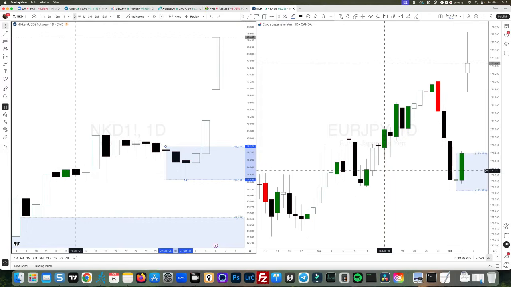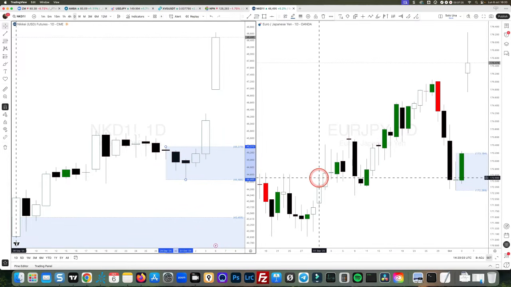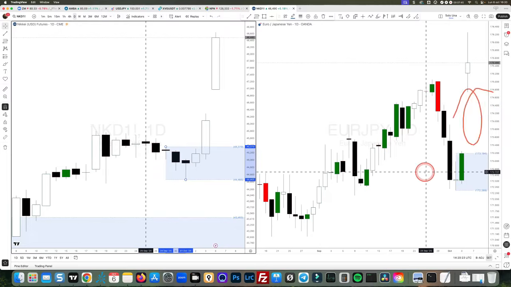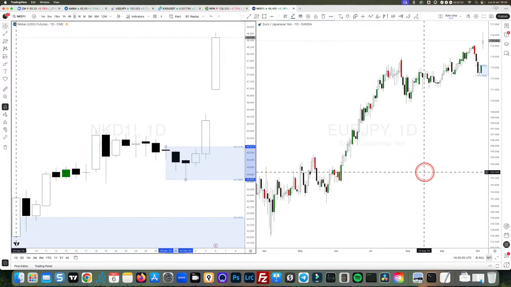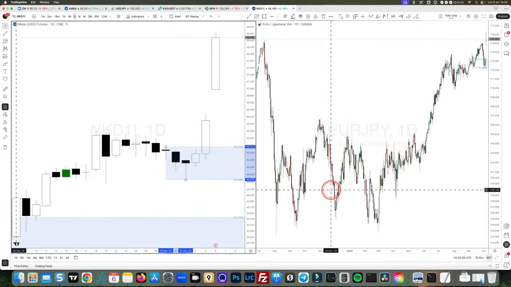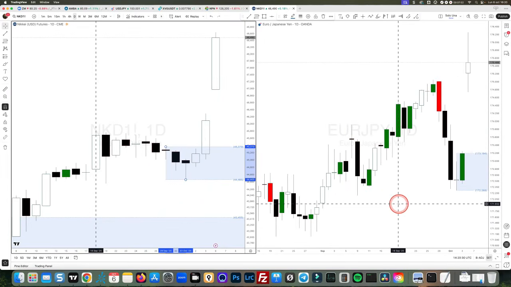So this week, the ruling party in Japan elected Sanae Takaichi as the new leader, a move that promises a continuation of what I think was called Abe's market-friendly policies, or so the news say. I don't follow the news, but I learned about this one because I saw this huge gap, and that doesn't happen, as you can see on the euro yen, never. So I said, why is this happening?